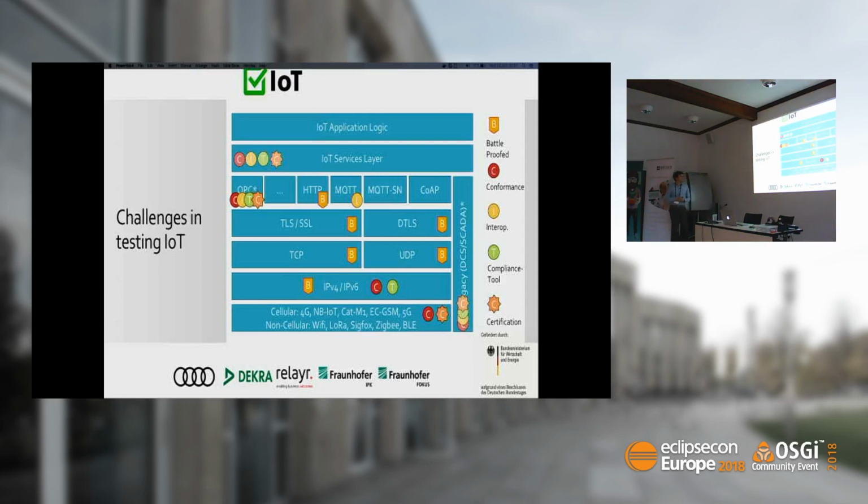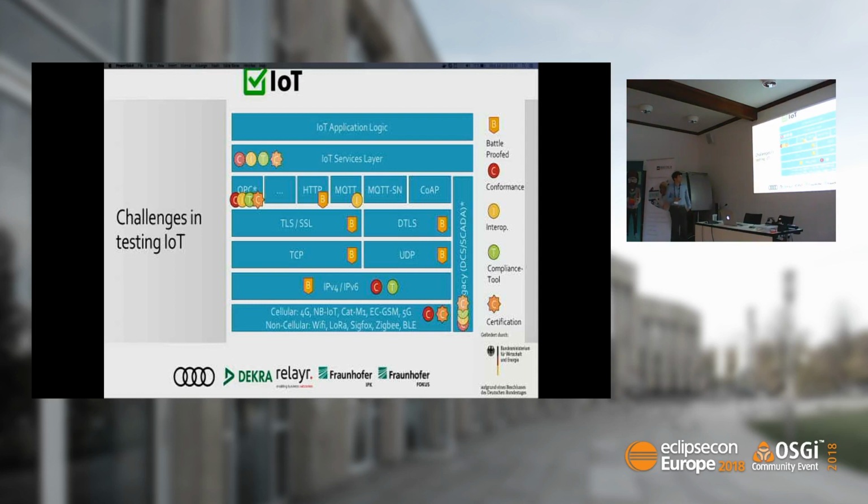Here you can see how the landscape looked about 1.5 years ago. That's also why the industry came to us and wanted to make the project with us. We have some conformance tests in the OPC UA framework.